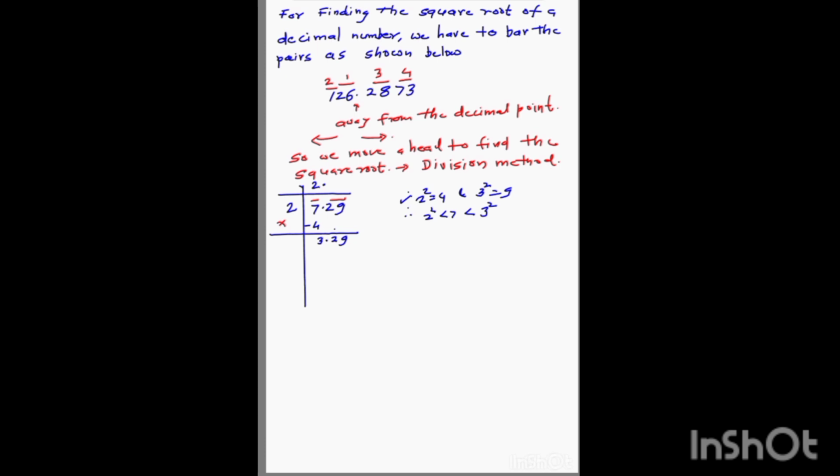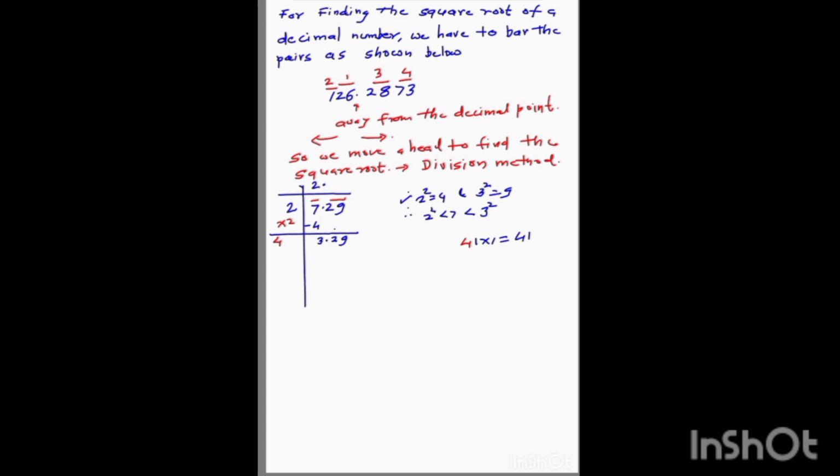Now multiply this 2 by 2, that is 4, and on the right-hand side take 4 and a blank: 41 into 1 is 41. You know how to carry out this.